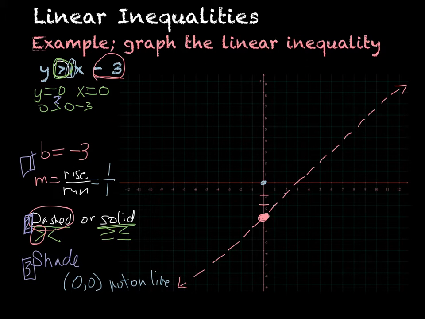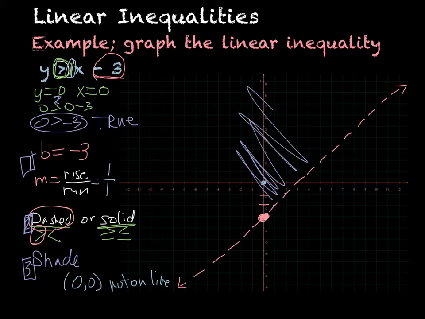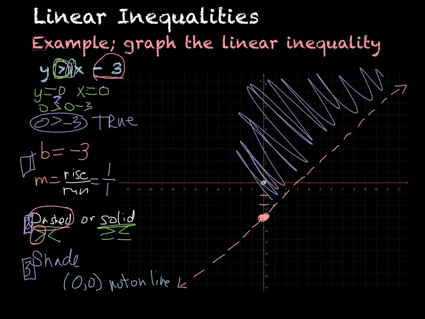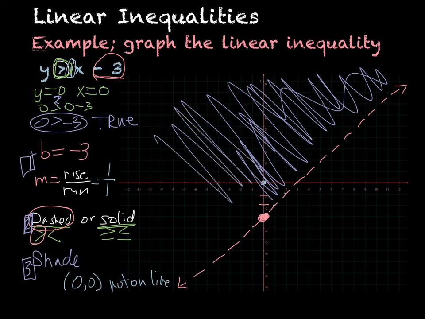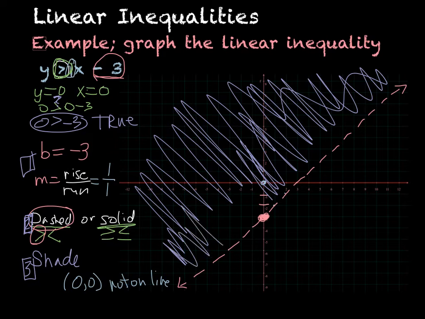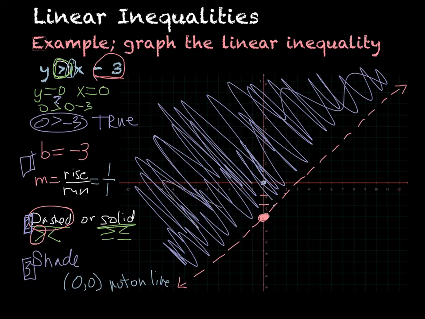Is this a true statement? 0 is greater than -3. That is true. So since that is true, we're going to shade on that point. So I'm going to shade above the line. So that would be your final graph.